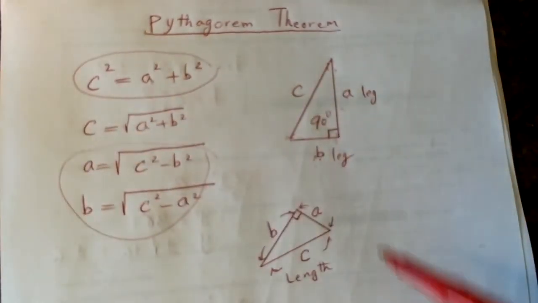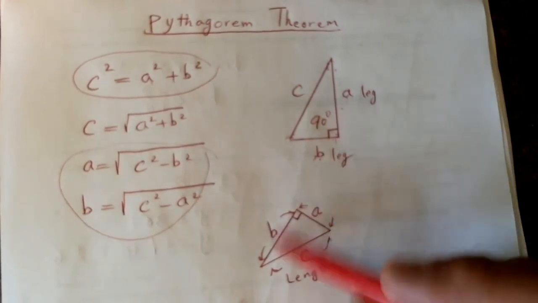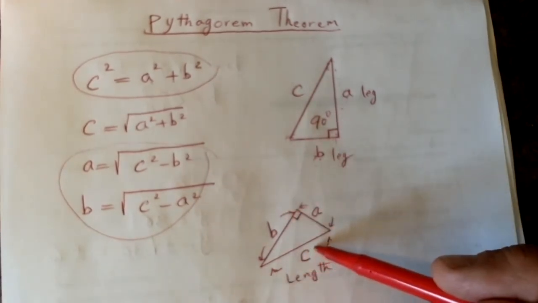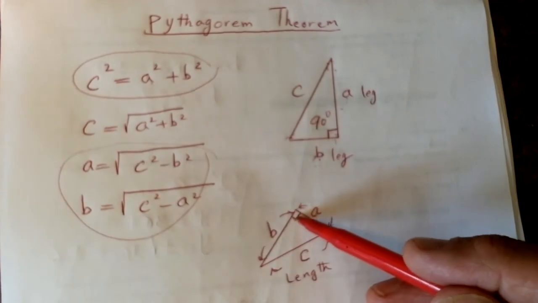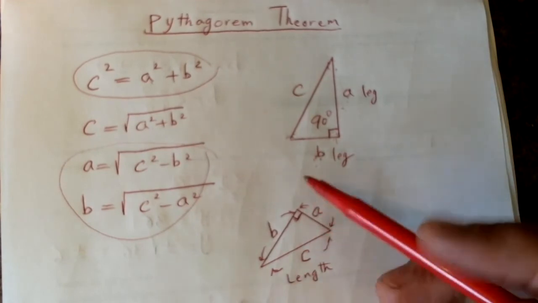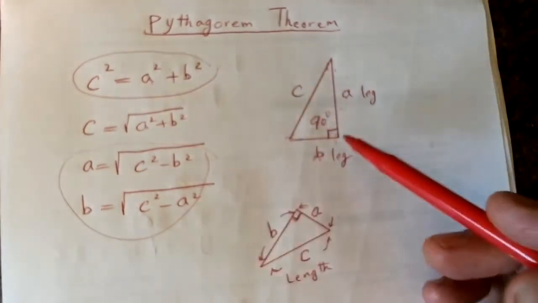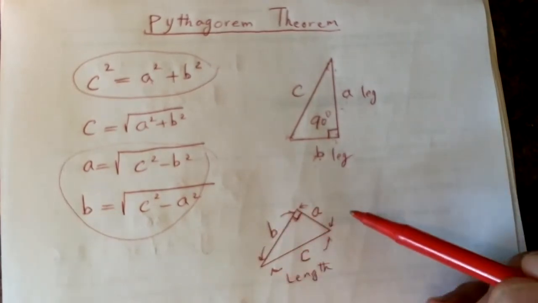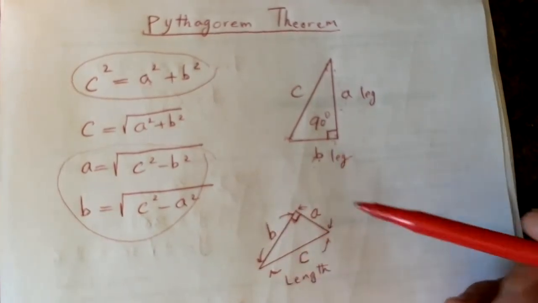Okay? The 90-degree triangle can be written in any form. You might even see it like this. As long as you see a 90-degree angle, then you could use the formula. So this formula applies only to a 90-degree triangle.